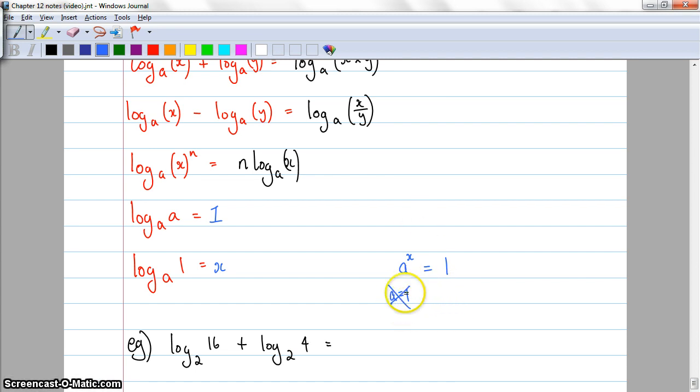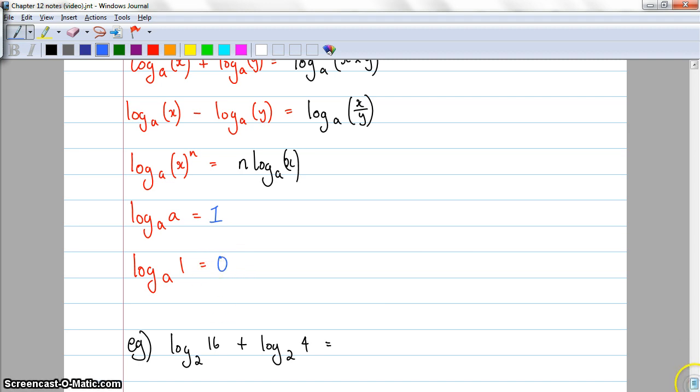Let's just pretend that a is not 1. The other time that this can happen is if x equals 0. Anything to the power of 0 equals 1. So log anything of 1 will equal 0. Okay, and that's the rule that we need to remember.